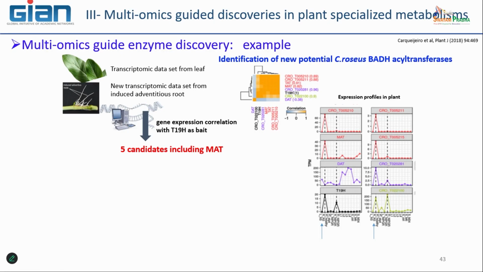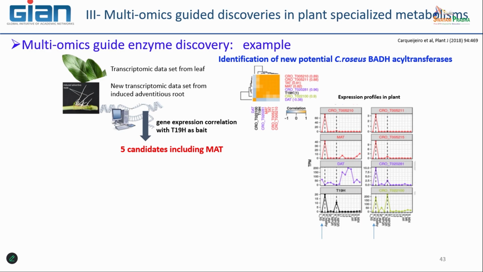We then took the 4 other candidates and developed a study to see where they are expressed, because we had taken all the transcriptome, including leaf, roots, and so on. So we also looked at in which organs these 5 transcripts are really expressed.